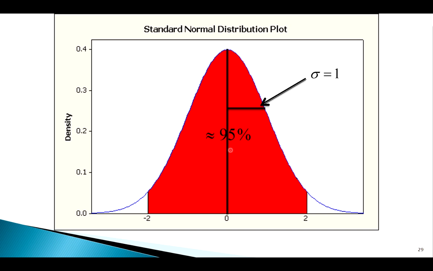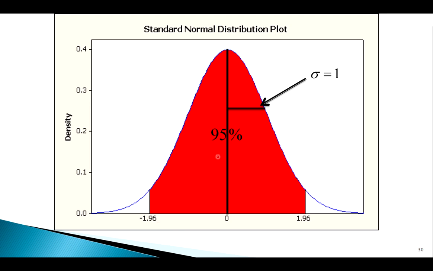It isn't precise. So what if I want to say, not I'm about 95% sure, what if I want to say I'm exactly 95% sure? Well, I won't go out 2 standard deviations on the standard normal distribution to be exactly 95% sure. I'll go out 1.96 standard deviations. Okay, so how do we find that number 1.96?